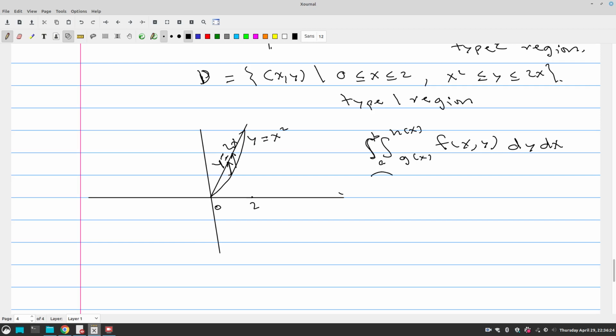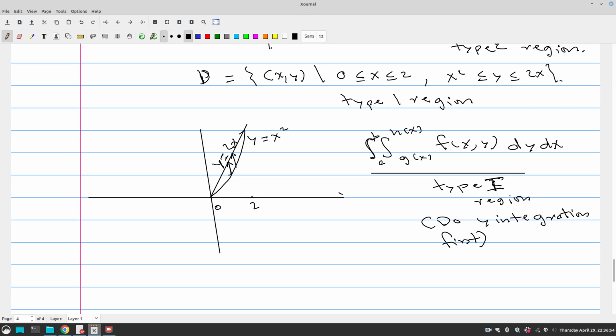So this is a type 1 region, sorry, it's not type 2 region, type 1 region. Do y integration first.